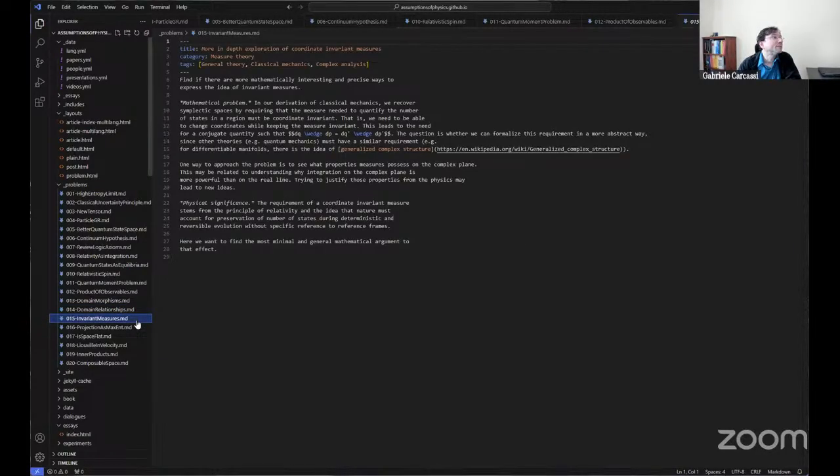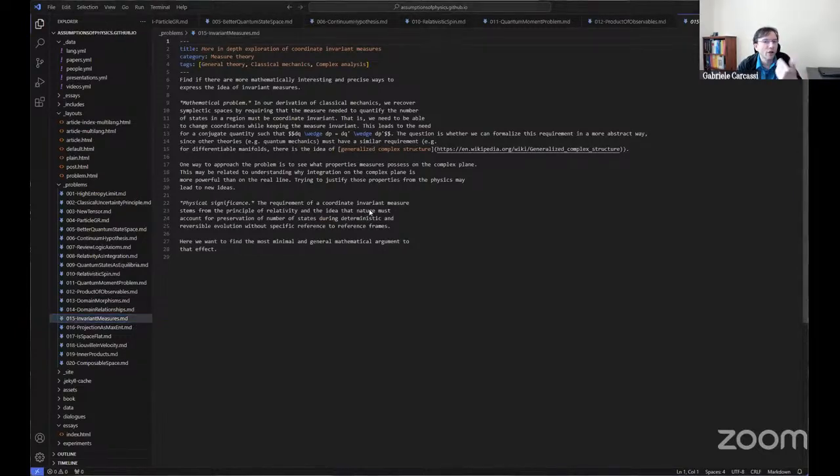Okay, more in-depth exploration of coordinate invariant measure. Find if there is a more mathematically interesting and precise way to express the idea of invariant measure. This relates to what phase space essentially is.